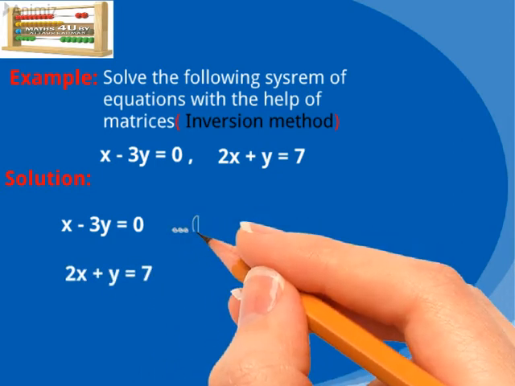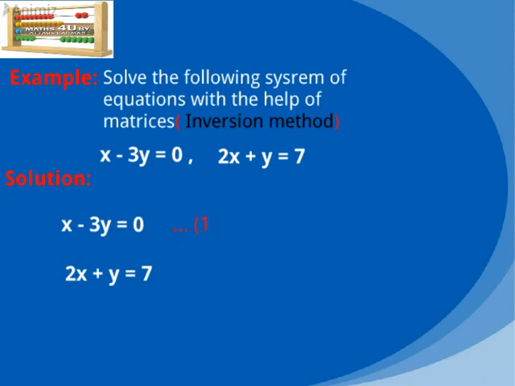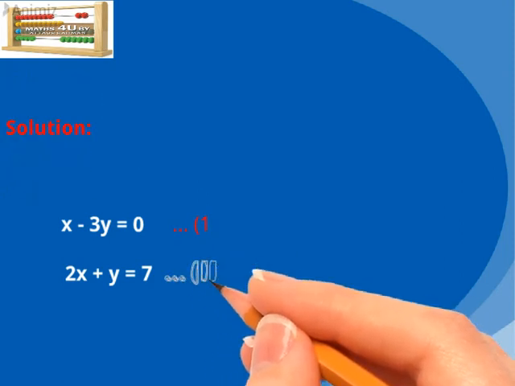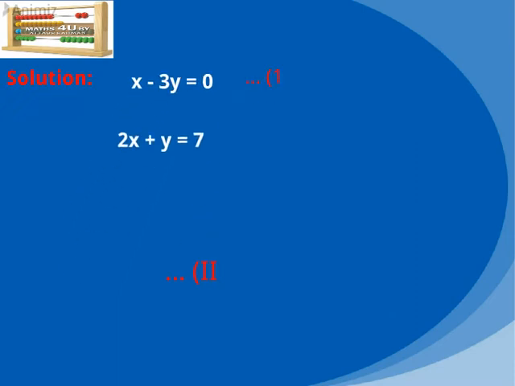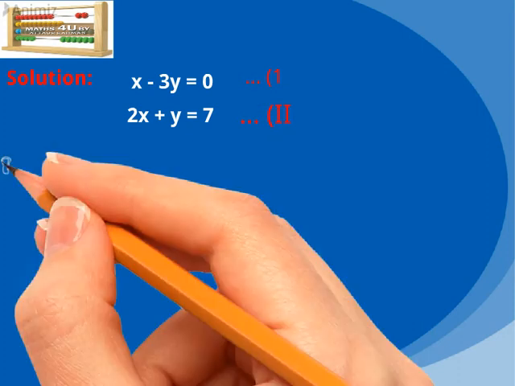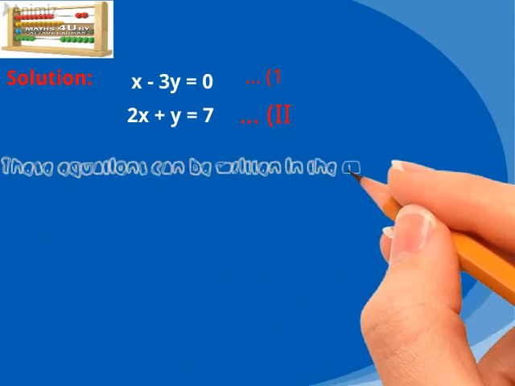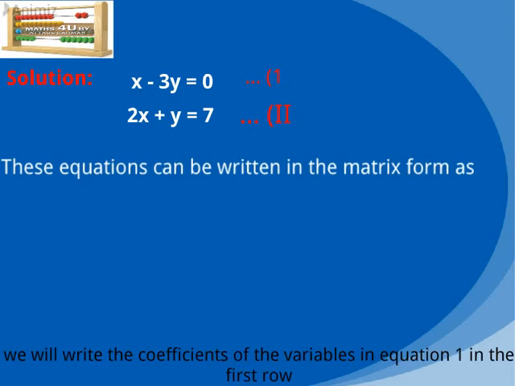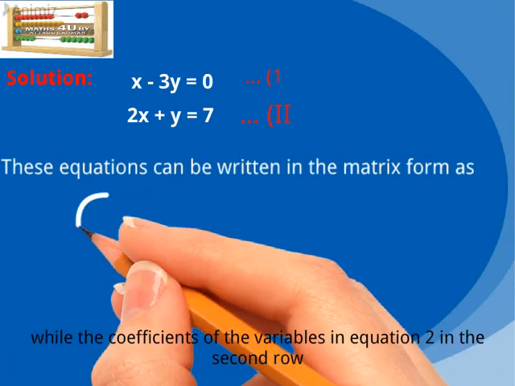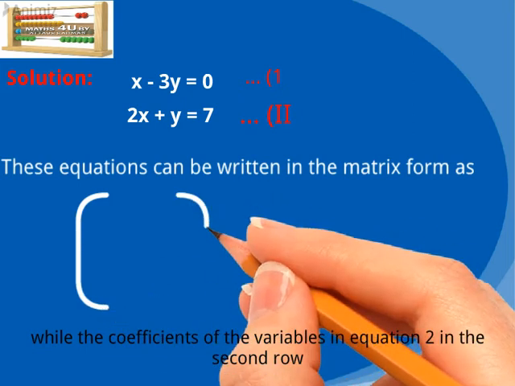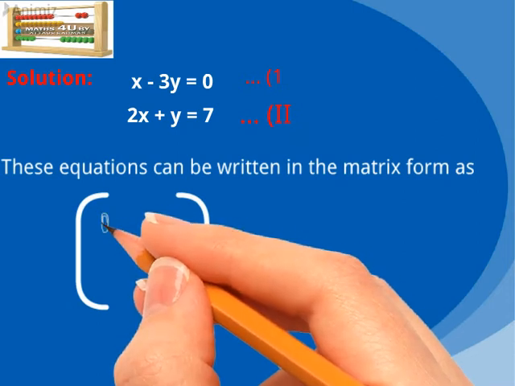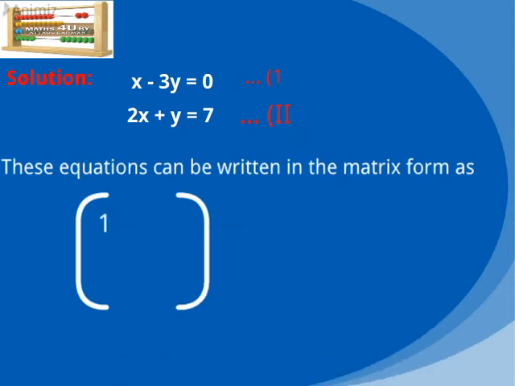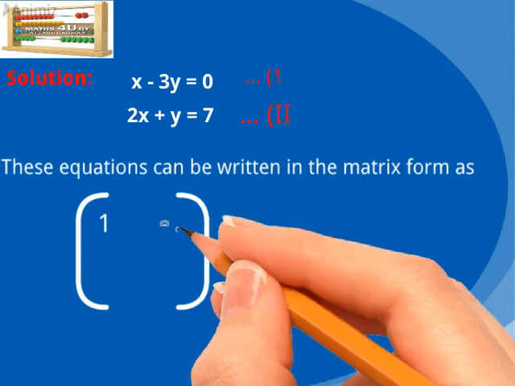Let us name these equations as equation 1 and equation 2. These equations can be written in the matrix form as follows: we write the coefficients of the variables in equation 1 in the first row, and the coefficients of the variables in equation 2 in the second row, as the coefficient of x in the first equation is 1, and the coefficient of y is negative 3.